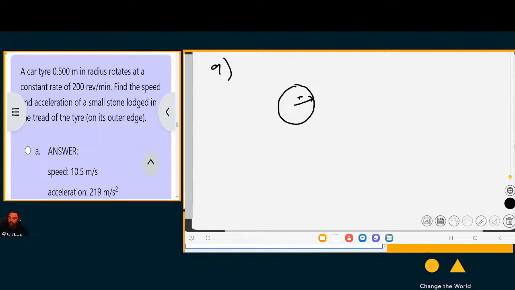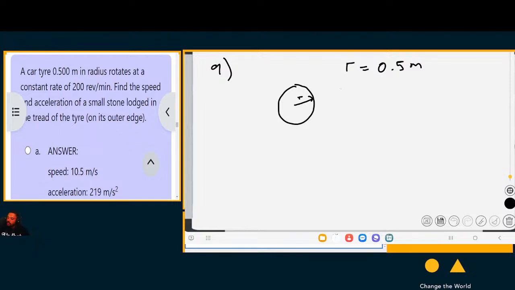The car tire has a radius of 0.5 meters, so half a meter radius. And it rotates at a constant rate of 200 revolutions per minute.